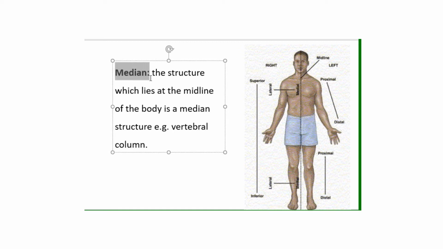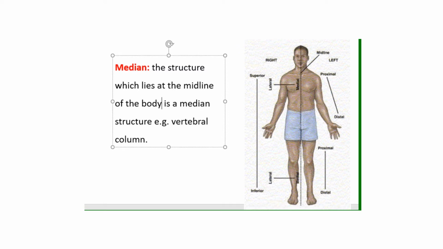Median is the only term which doesn't describe the relation of points to each other, but describes the point which is present in the median plane, either in the anterior median plane or in the posterior median plane.